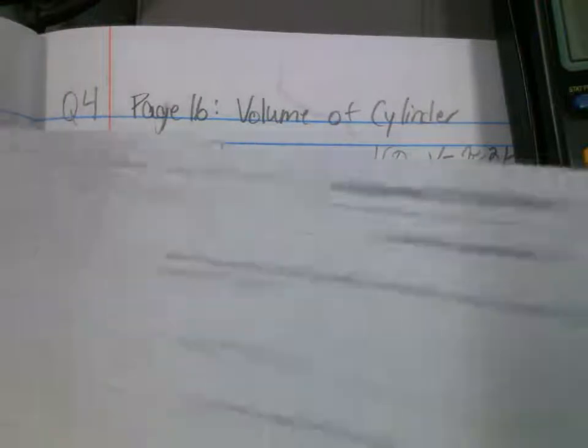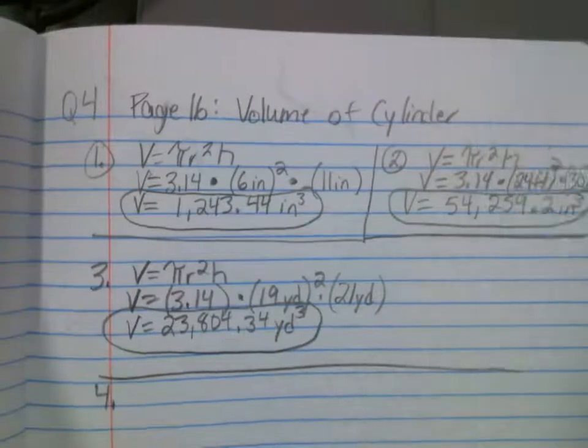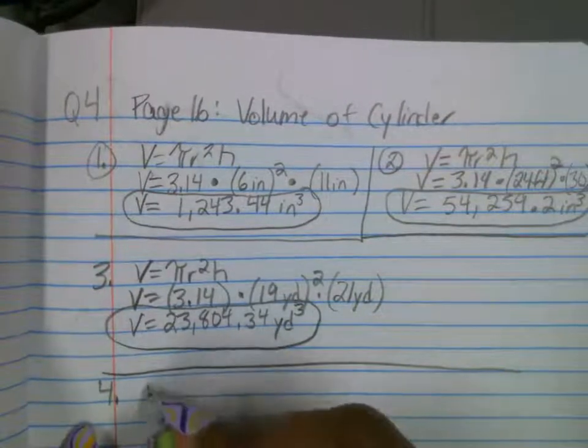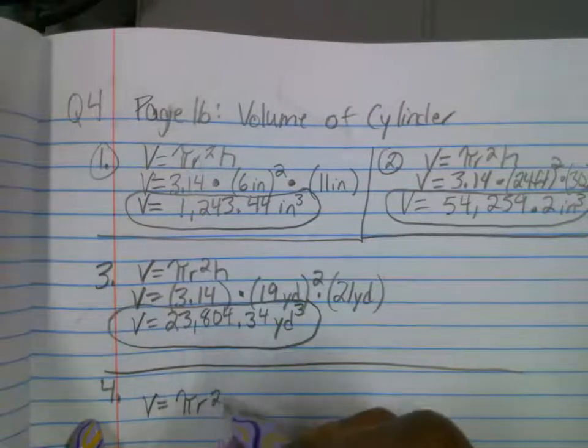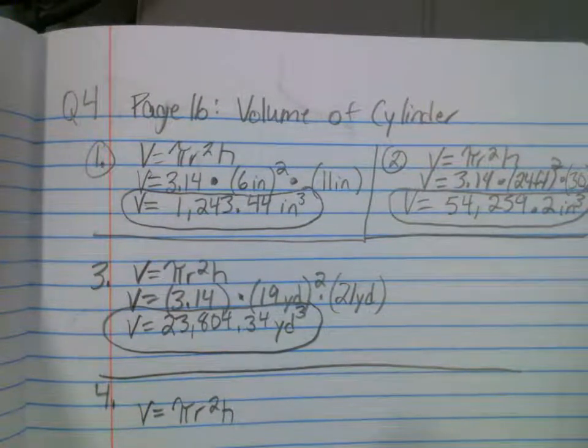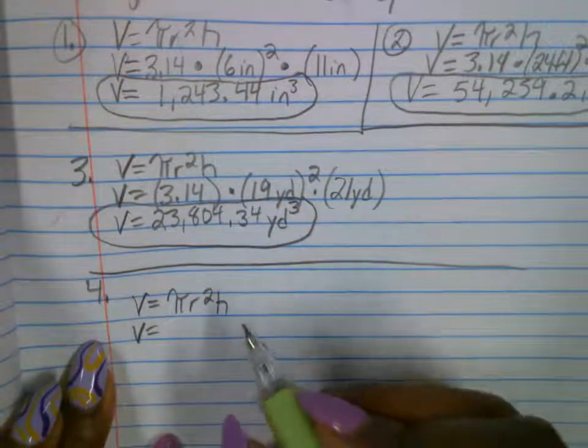Number 4, they're asking for the volume again. Instead of pictures, they're giving you measurements. Rewrite the formula. What do we use for pi?